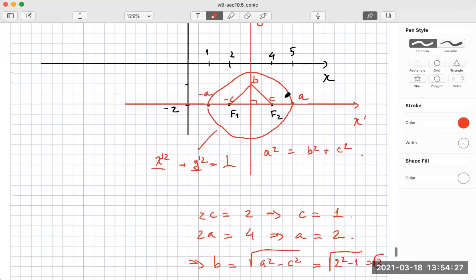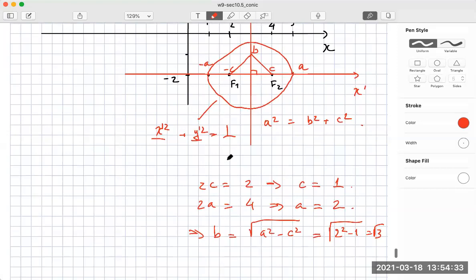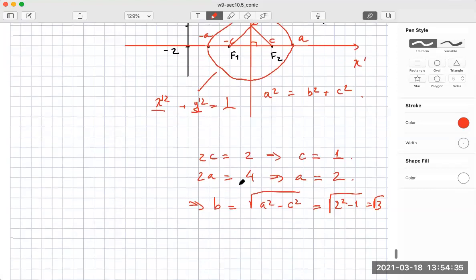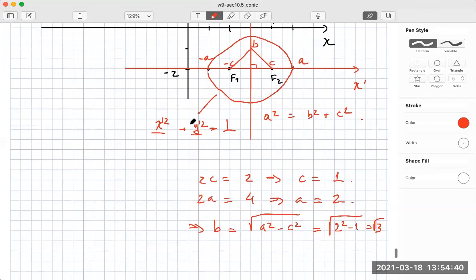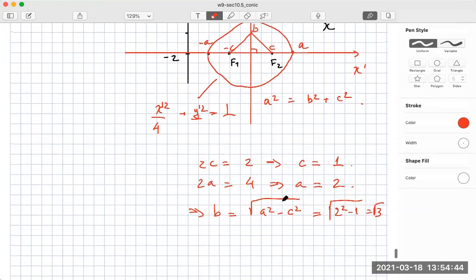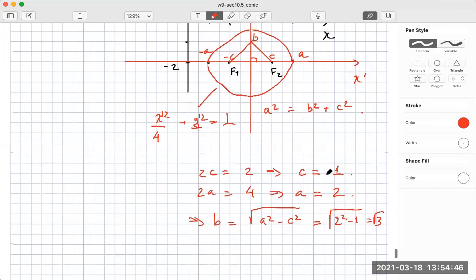The red coordinate. What is the equation of this ellipse? Yeah, x prime squared divided by 4, right? 2 squared, so this is divided by 4, and y prime squared divided by 3. Very good. This is the equation in the red coordinate, right?